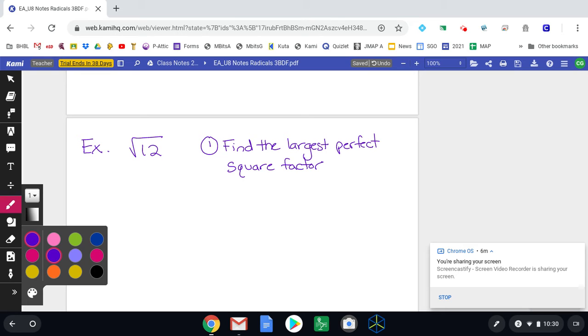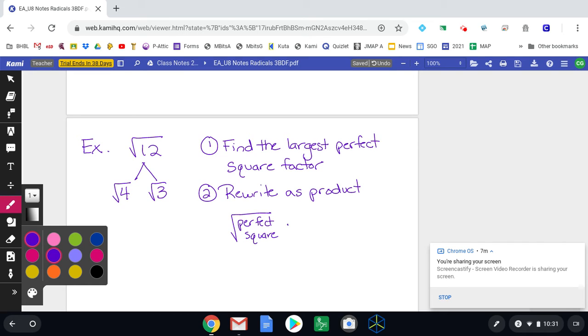So if I think about the largest perfect square factor of 12, I know that that's the square root of 4 times the square root of 3. So what I'm doing is I'm rewriting as a product. So what I want is I want the square root of the perfect square times the square root of the non-perfect square.